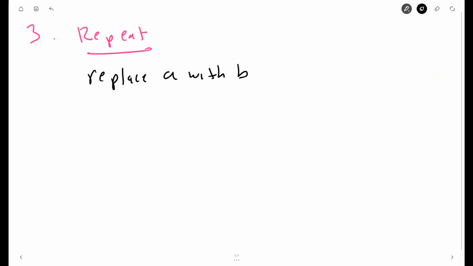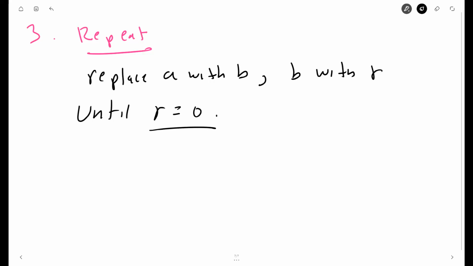Now the third step, which is the repeat step. We say replace A with B, B with R, until R is equal to 0. The remainder is equal to 0.